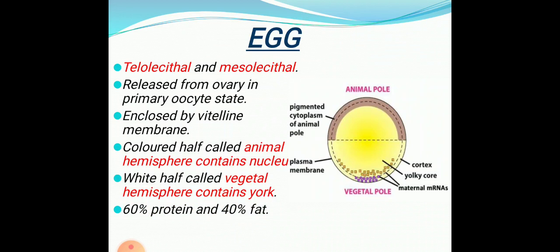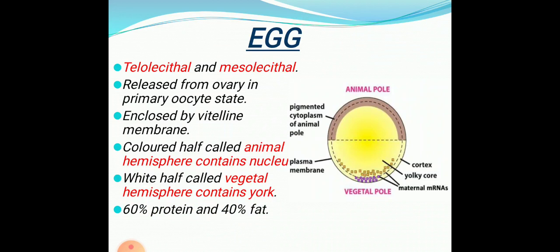So the egg is a female gamete, and it is also called ovum. It is haploid in nature, and it is produced by the ovary.